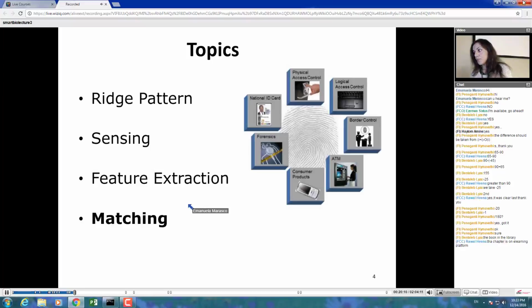So you have chapter number 2, and this is what we have there. We have the fingerprint description in chapter 2. The book is related to all the biometrics. So yes, it is the PDF that I provided.